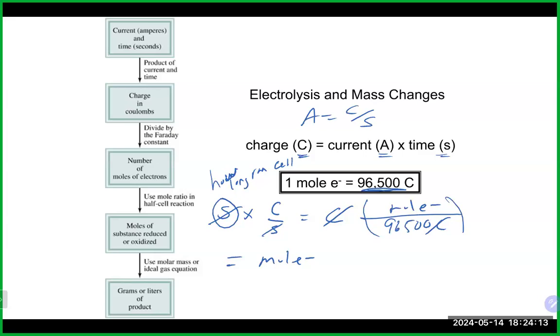In this type of cell, you would have an anode half reaction and a cathode half reaction. Basically, you would use the moles of electrons and do a little stoichiometry.